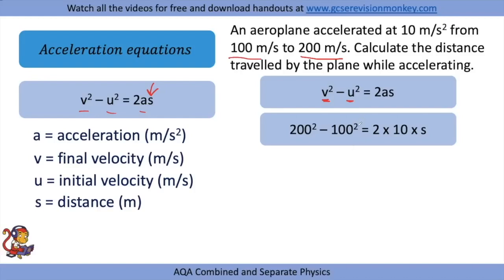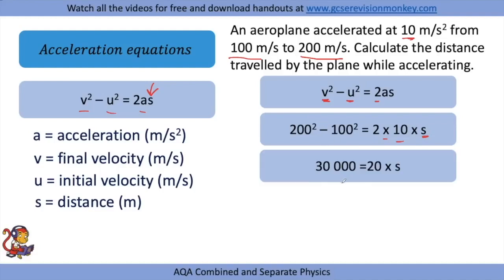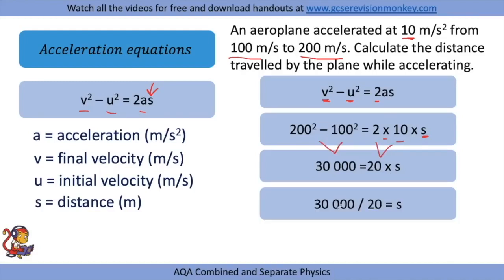So we square that, and then that is equal to 2, which is our constant in our equation, multiplied by acceleration of 10, multiplied by s. So if we simplify this, we're saying that 30,000 equals 20 times s, because those two make 30,000, those two make 20, and then rearranging it to 30,000 divided by 20 equals s. So s is equal to 1,500 meters.